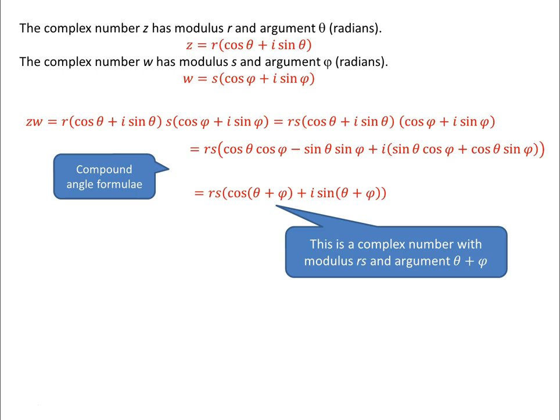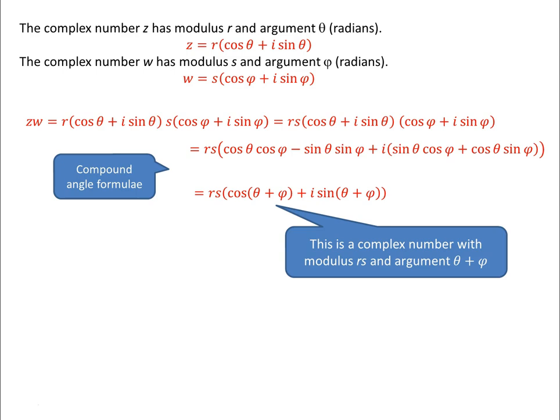So the result of multiplying z by w is to obtain a complex number whose modulus is rs and whose argument is theta plus phi.